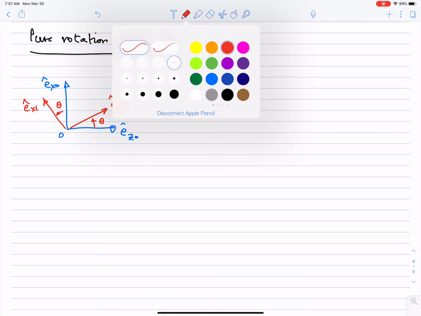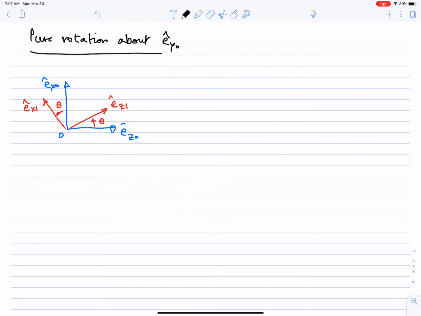Okay, in this case, that rotation matrix is going to be cosine theta, 0, sine theta, 0, 1, 0, minus sine theta, 0, cosine theta.